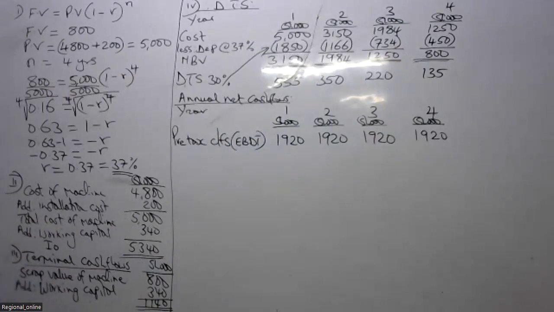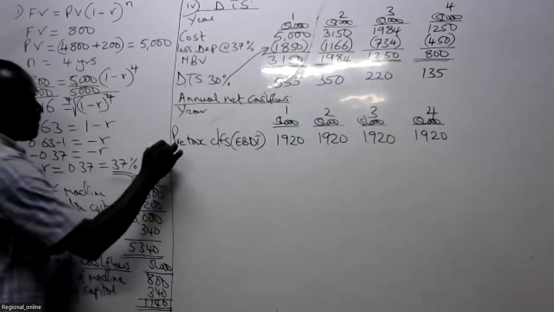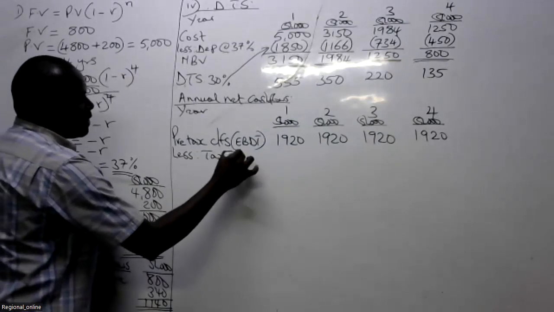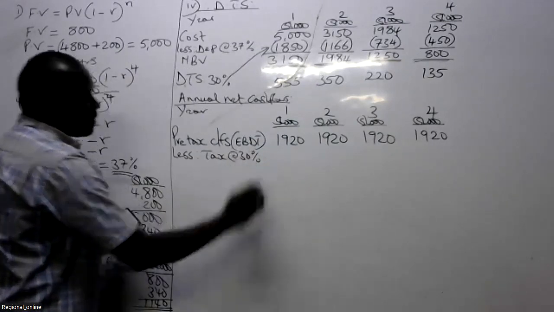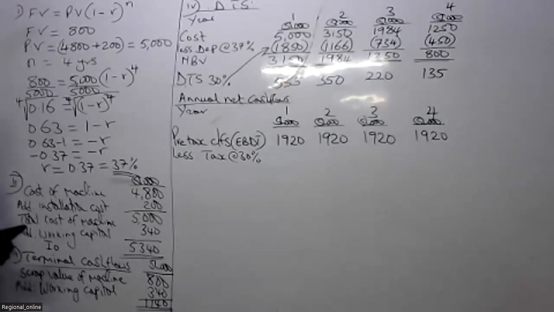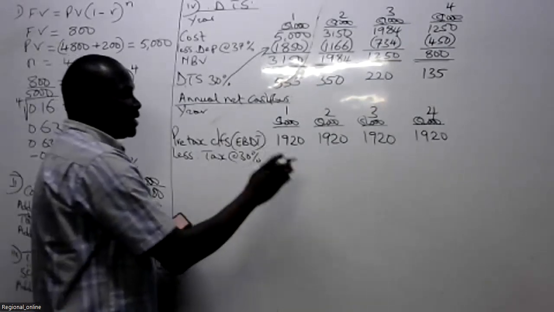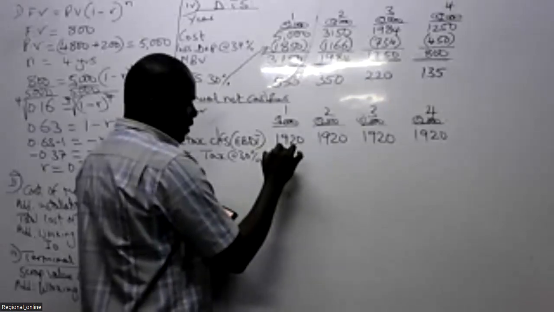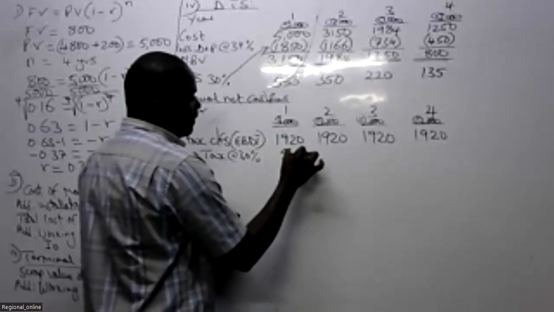Sasa we less what? We less tax at the rate of 30%. 30% of 1920. Niambie tu moja zingine najua. 576.